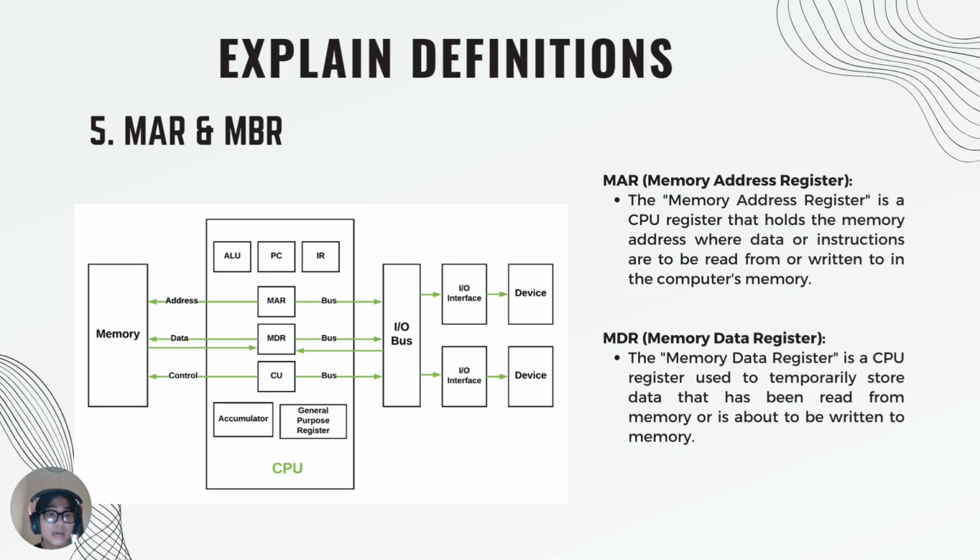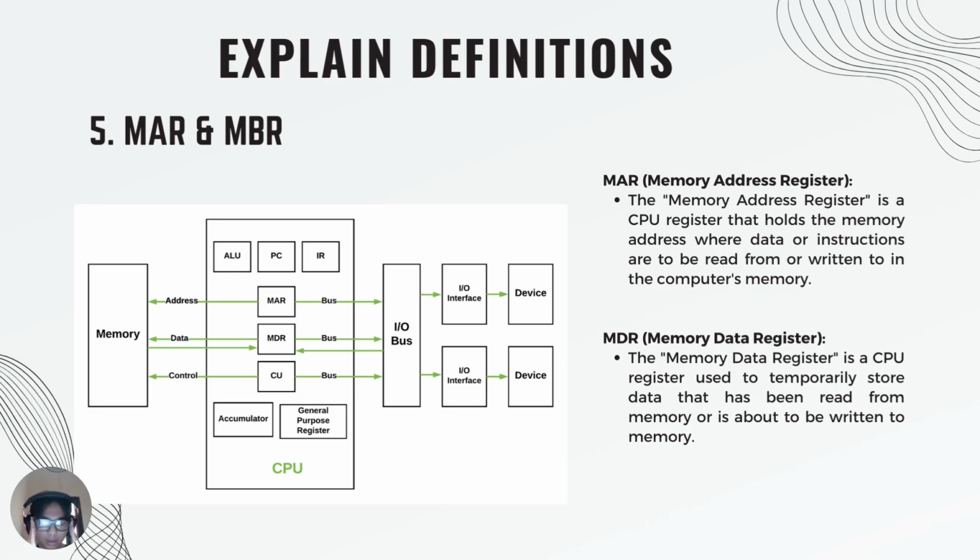The next one is MAR and MBR. The memory address register, MAR, is a CPU register that holds the memory address where data or instructions are to be read from or written to in the computer's memory. And the next one is MDR, the memory data register. The memory data register is a CPU register used to temporarily store data that has been read from memory or is about to be written to memory.